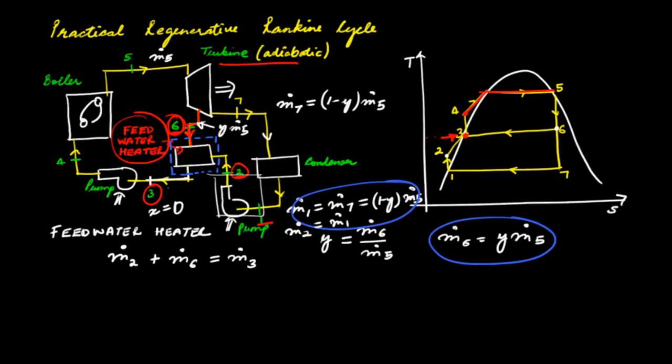from this pump. Also note that m dot 3, that is this mass flow rate through this pump over here and the boiler, is also equal to m dot 5.